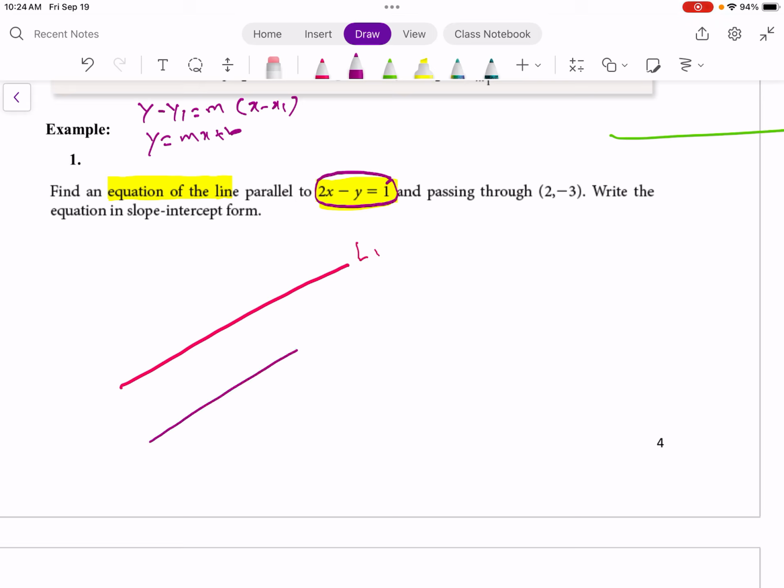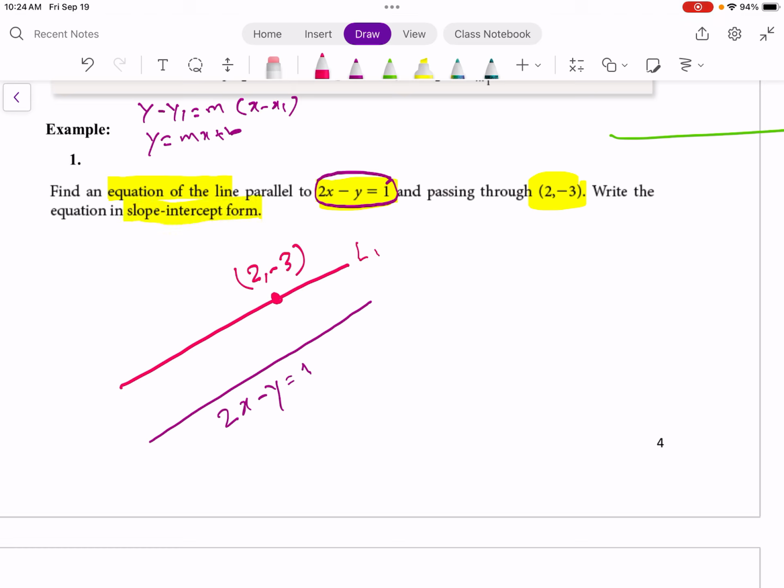Parallel means this is the parallel line, and the equation of this line is 2x minus y equals 1. L1 is passing through the point (2, -3), and we write the equation in slope-intercept form.